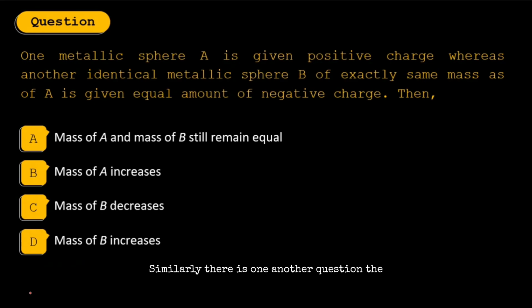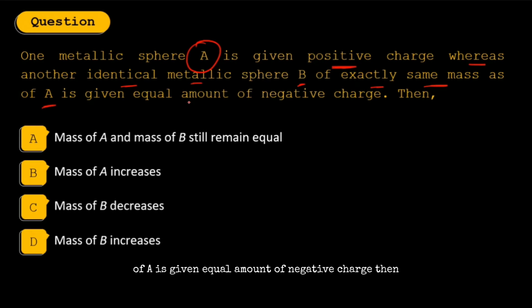Similarly, there is another question. The question says one metallic sphere A is given a positive charge, whereas another identical metallic sphere B of exactly the same mass as A is given an equal amount of negative charge. Then what can we say about the mass of A and B? Now just think about how we can say.